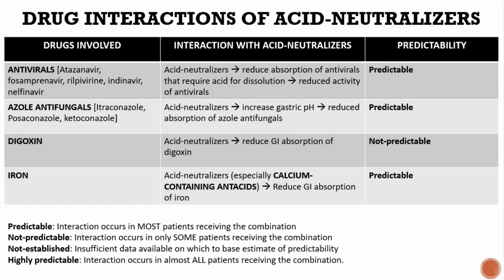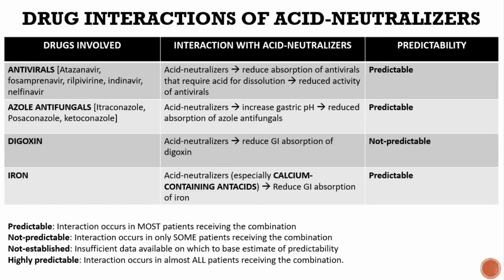Highly predictable means there is almost a surety that this interaction will definitely happen, that it occurs in almost all the patients who receive the combination. So this is how we are going to determine the predictability of the drug interactions that we are going to discuss now.